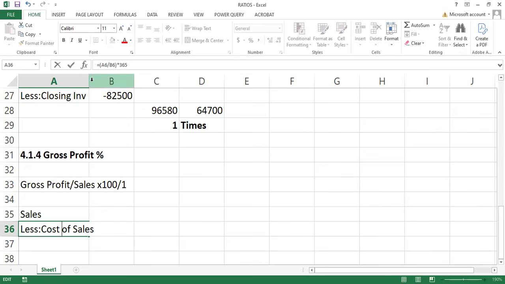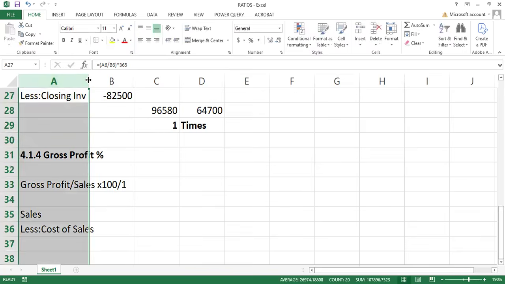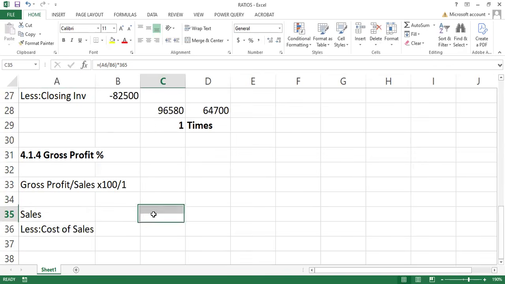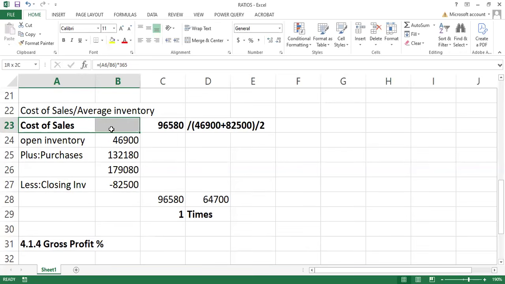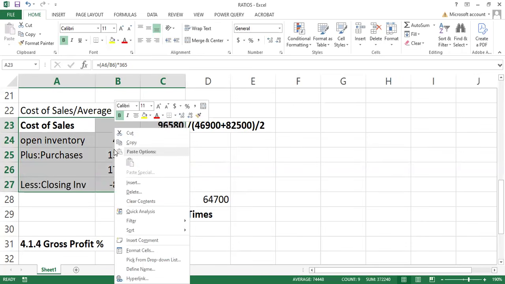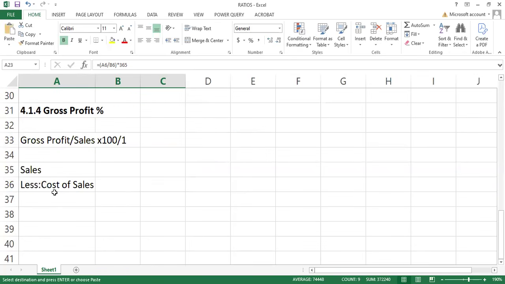So we are going to do a little bit of this part. Now, firstly, can we go on top of there? Remember this one, it was our cost of sales that we have already calculated. So there's no need for you to recalculate it. So what you can do is just copy and paste it here.